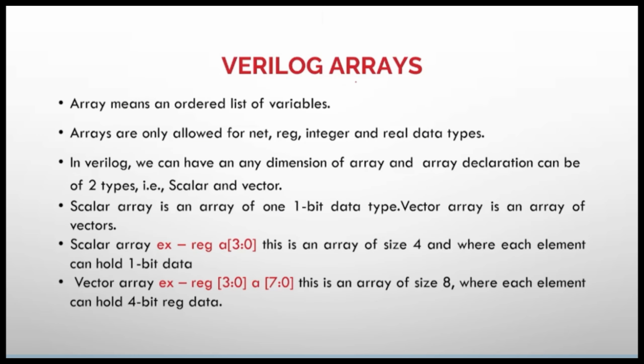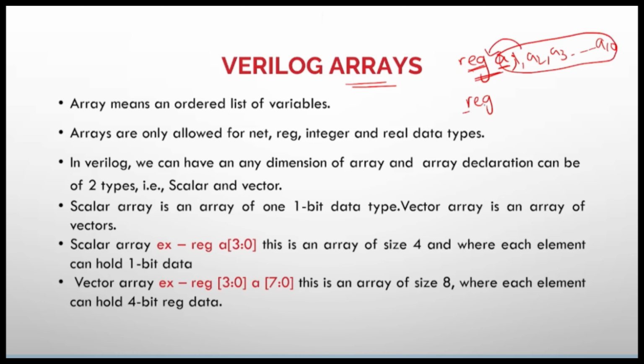Right, now coming to Verilog arrays. For example, reg a, this is my particular a. Now if I want to take some register data type, some 10 variables like a1, a2, a3, similarly up to a10, 10 variables which are of the same data type, is it possible?